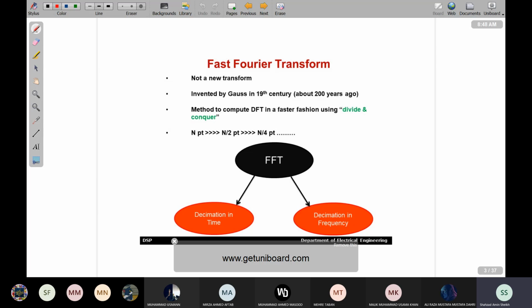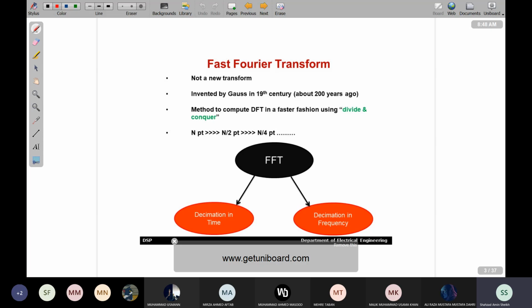And divide and conquer means that if we have to perform an N-point FFT, then the N-point FFT is split into two N over 2 point DFTs or FFTs, and then that is split into N over 4 point DFTs, and then it is broken into N over 8 point DFTs till the time we reach the 2 point DFTs.